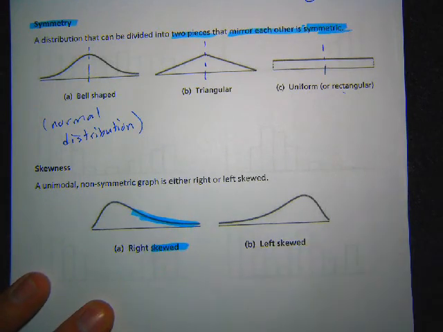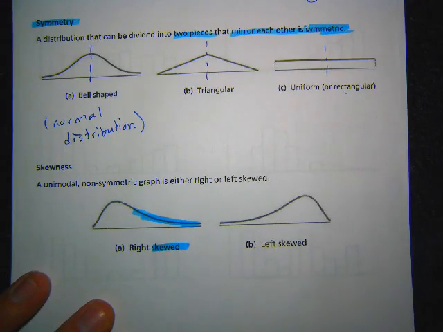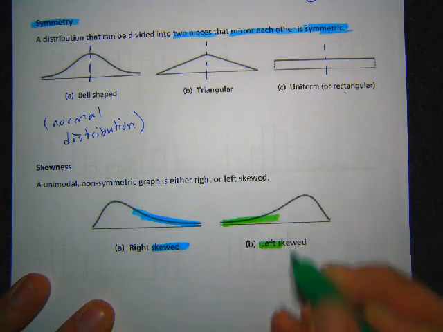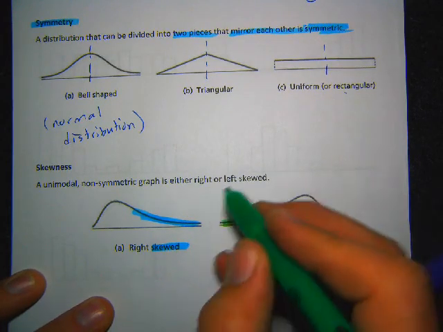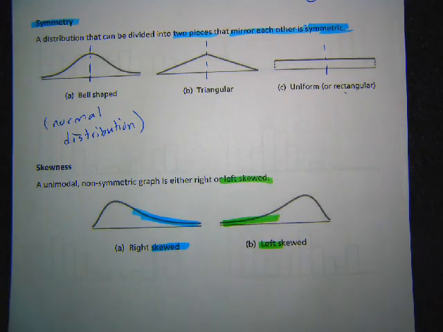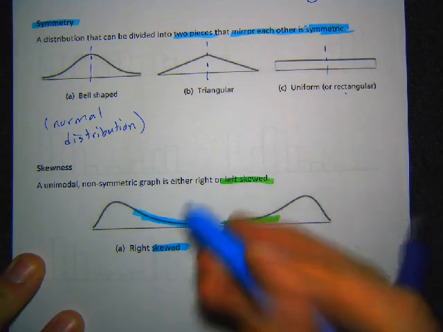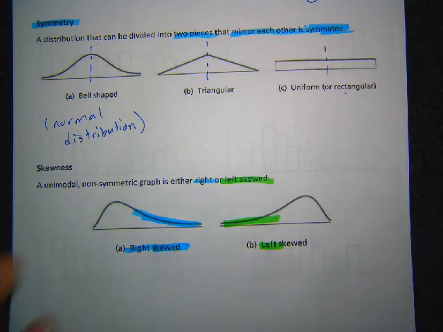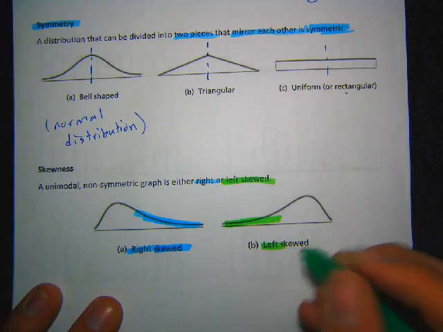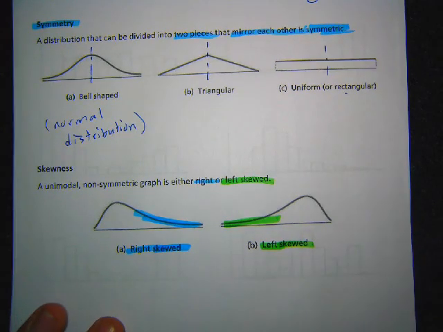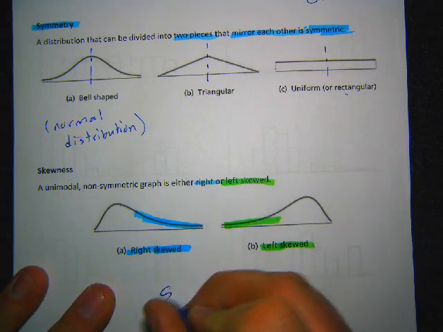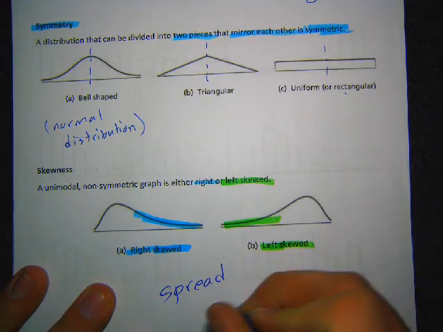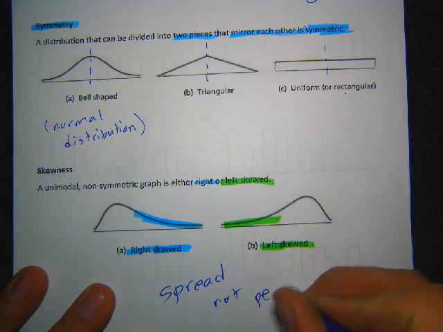So left skewed is going to be the left side being spread out. It's left skewed if the left side is spread out, and it's right skewed if the right side is spread out. That's the big difference between right and left skewed. It's where it's spread out. It's spread, not peak.